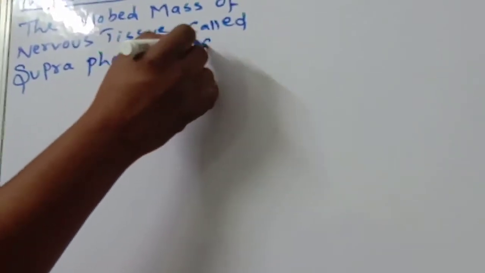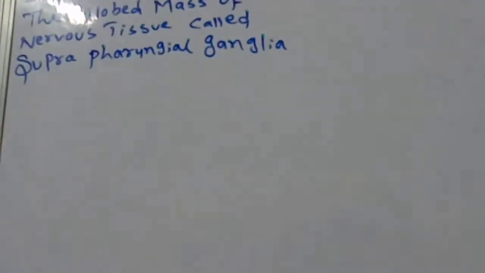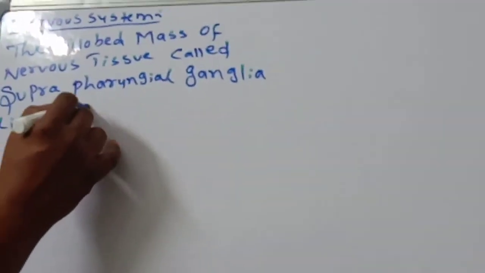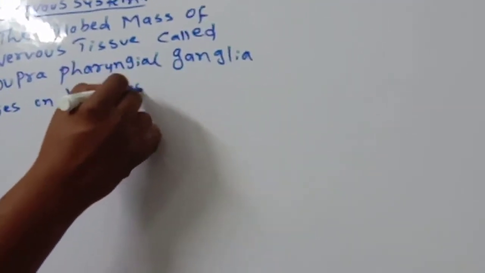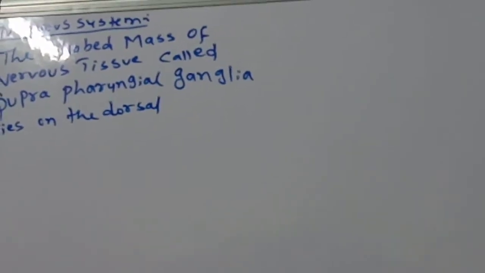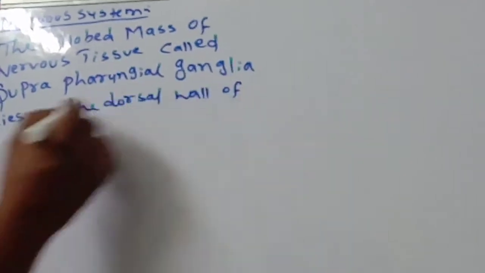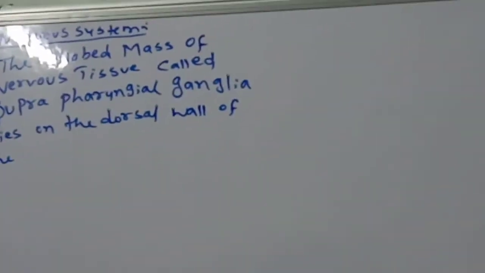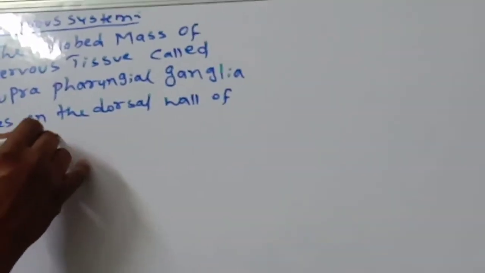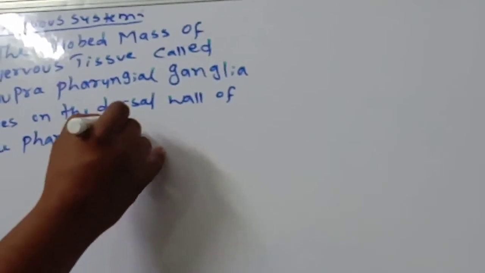Pharyngeal ganglia lie on the dorsal wall of the pharynx in the third segment.